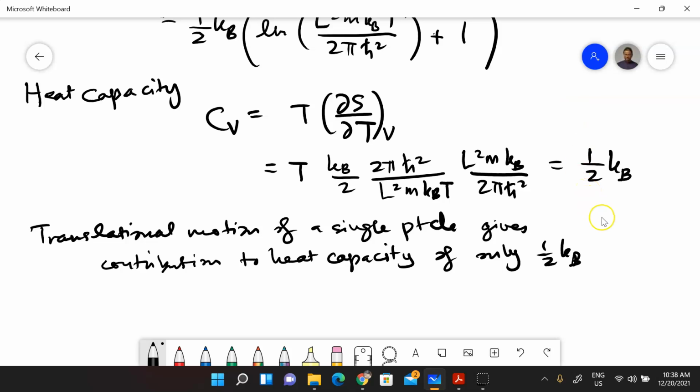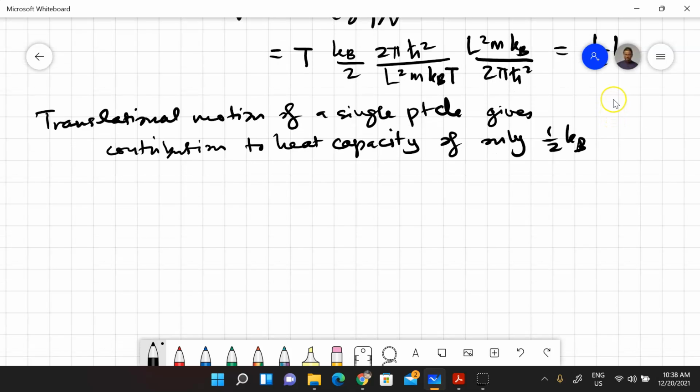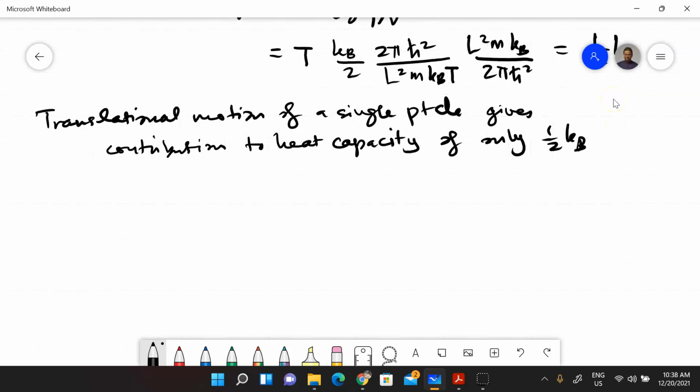Right. So what's next is to generalize what we have done to the case of a particle in a 3D box. So let's finish that for today at this.